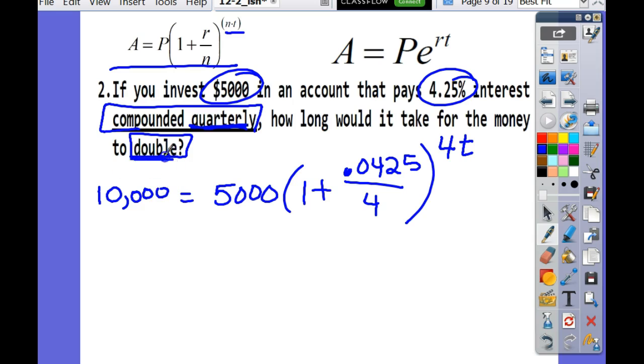Because it says so in the problem right there. We're doubling it. And so what I need to do to solve this is I need to isolate this part right here that has the variable in it. So I'm going to divide by the 5,000.